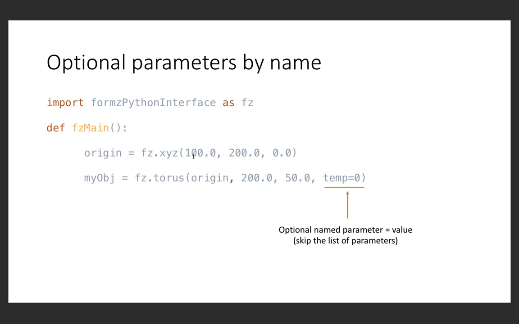They just need to have the right name and a valid value. And once again, you would refer to the FormZ Python interface to know what those are, and we will talk more about that later.